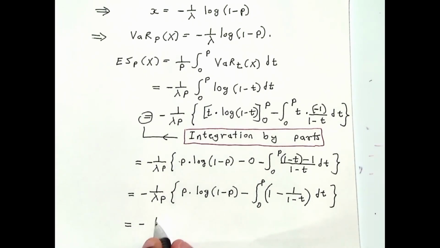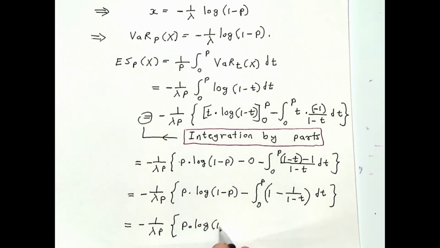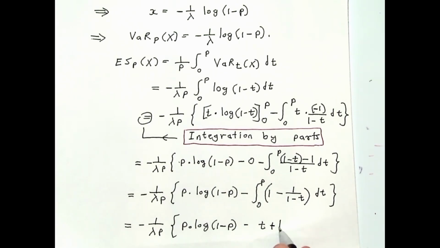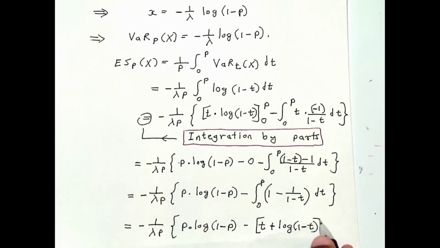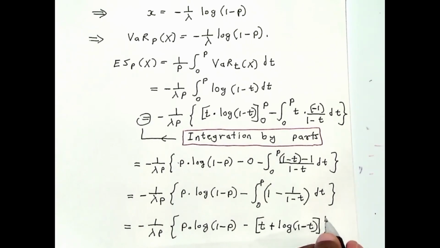So the integral of 1 is t, the integral of 1 divided by this is plus log of 1 minus t. Right, then you take the limits from 0 to p.